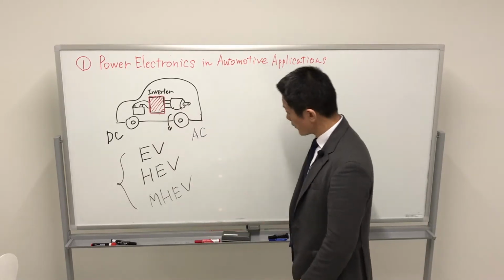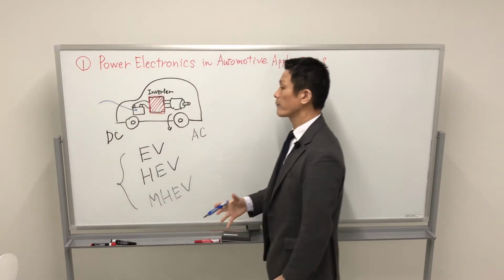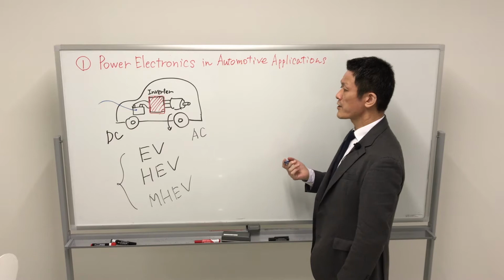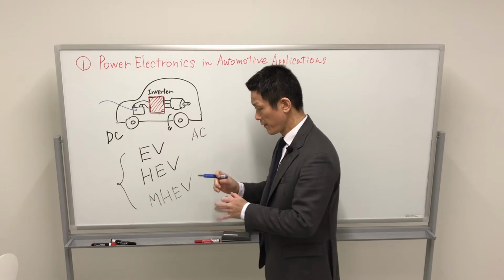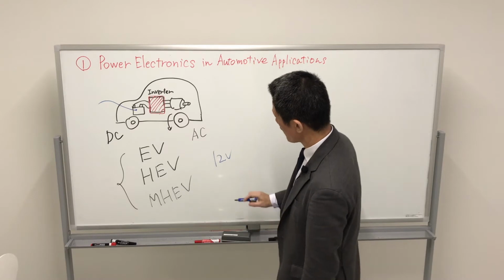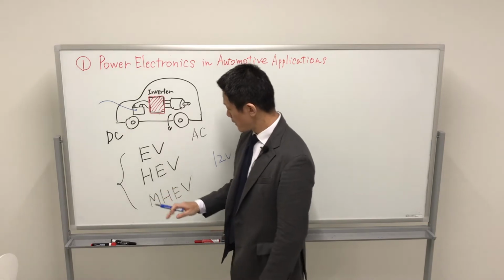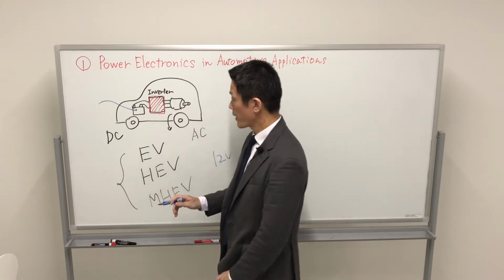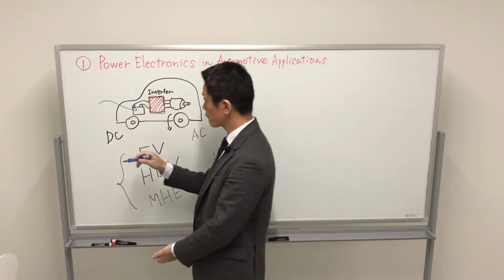And usually in a conventional vehicle, the battery is a lead acid battery that does not influence the driving force, only 12 volt. However, in case of each electric vehicle, they have a battery with a higher voltage value.